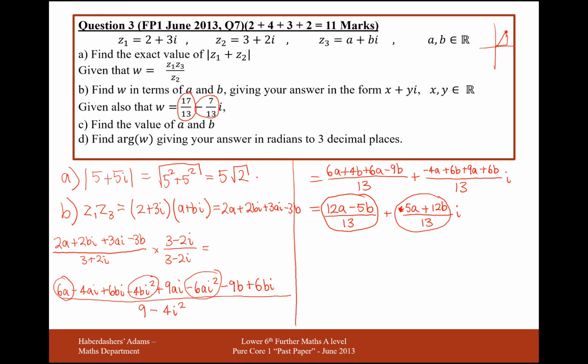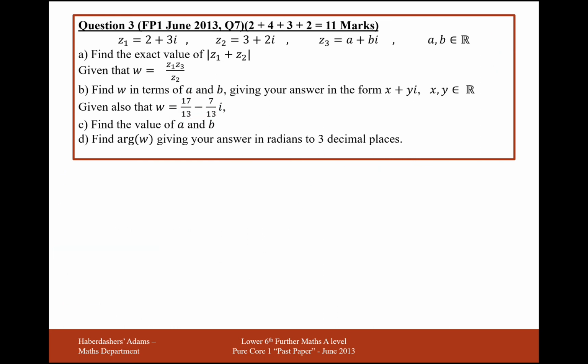So we set 12a minus 5b equal to 17, and 5a plus 12b equal to minus 7. This is part C we're now working on. So what we now need to do is solve these simultaneous equations.